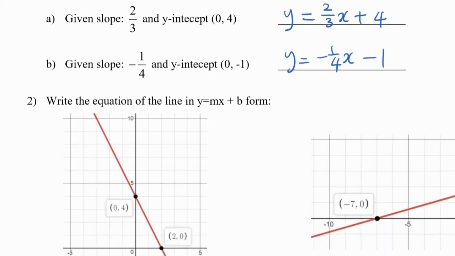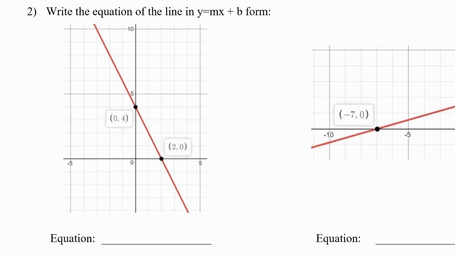Alright, next. Write the equation of the line in y equals mx plus b form, slope-intercept form. Alright, so we're going to find the slope of the line and the y-intercept of the line. Okay, so we're going to find the slope using rise over run. Using those 2 points, the rise is -4 and the run is 2.